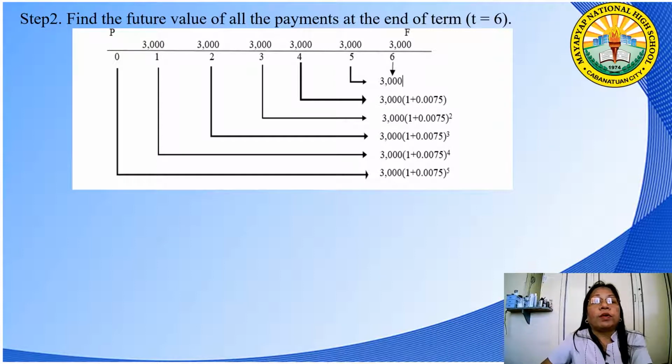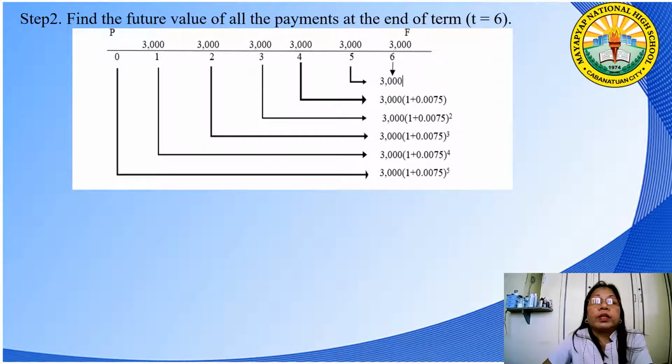This means that if we consider interest, we cannot just multiply 3,000 times 6 equals 18,000, because each individual 3,000 payment is valued differently from the others.